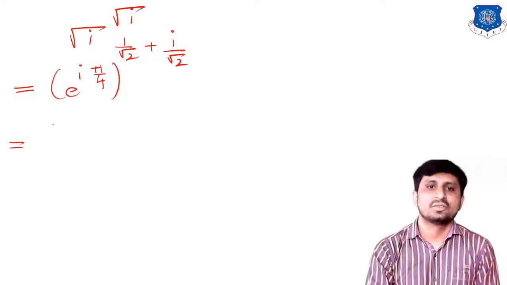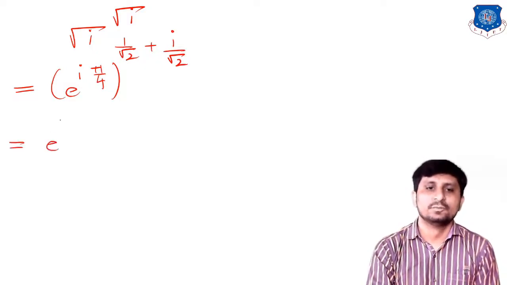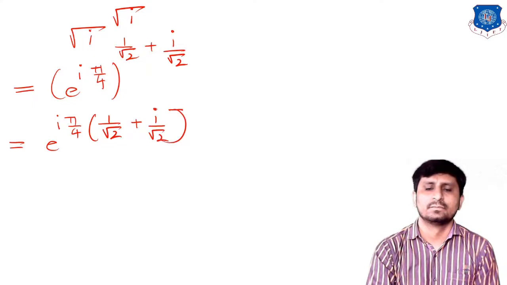Okay. So this is equal to, I can write, e raised to i pi by 4 raised to (1 by root 2 plus i by root 2). Okay, right?